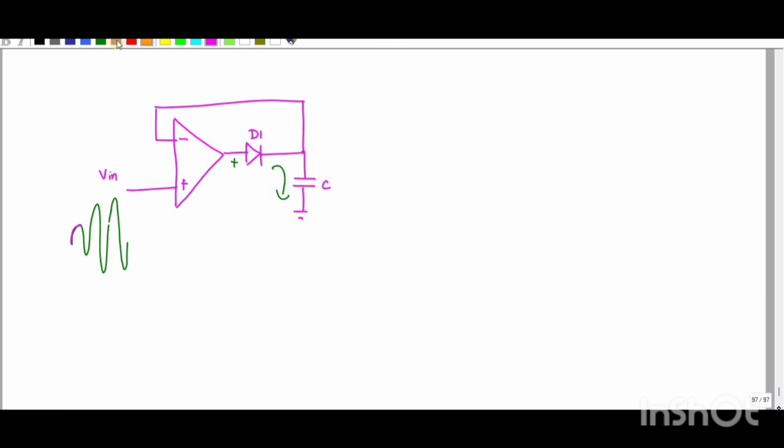But basically we have to use a resistance as a load, that is R. If the input signal goes low and the diode is open circuited, the capacitor starts to discharge through this resistor. It will not be able to hold the peak value, and it starts to decrease. This should not happen.